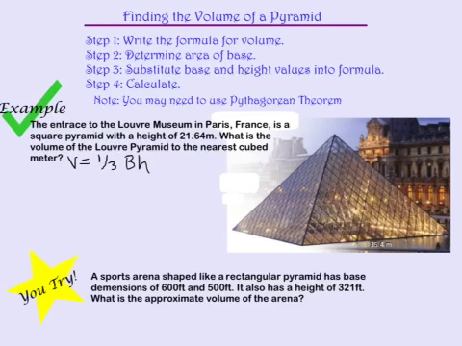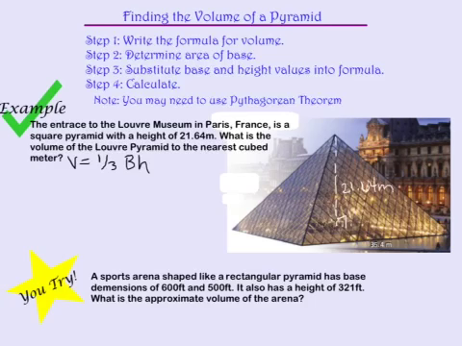They give me this picture. In the picture, it shows me that the length of the base is 35.4 meters. And then they told me in the problem that the height of my pyramid, which I'm going to sketch in here, is 21.64 meters. So I have all of the information that I need.